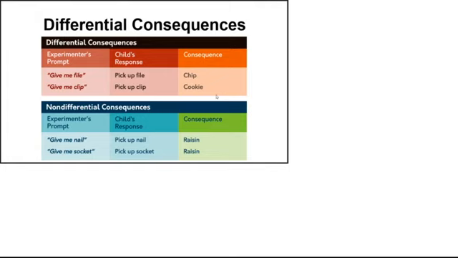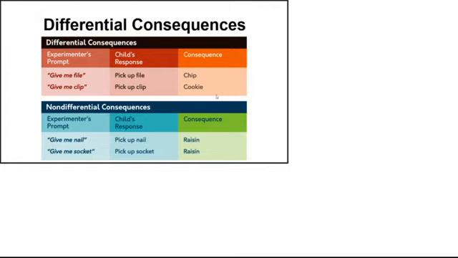If the experimenter asks for a clip and the child gives them a clip, then they get a different consequence, a different outcome. They'd get a cookie. And in both cases, they're snacks, they are good outcomes, and it's going to make the child more likely to perform the correct response in the future. But the fact that they each have their own distinct consequence actually aids in the learning process.